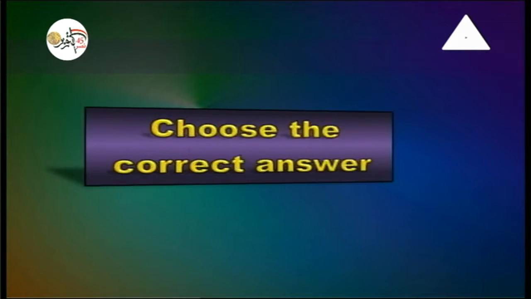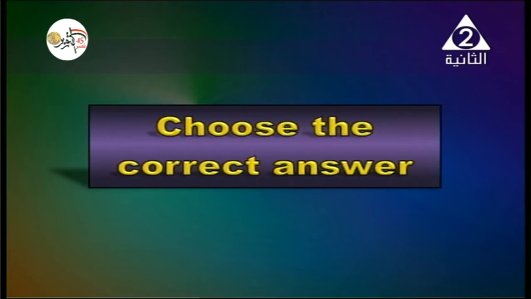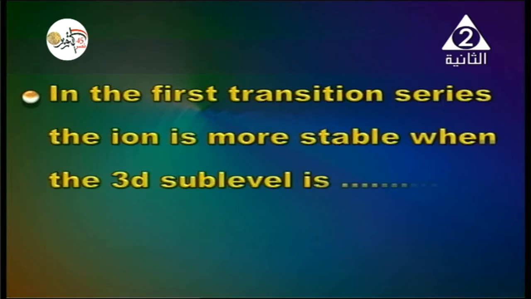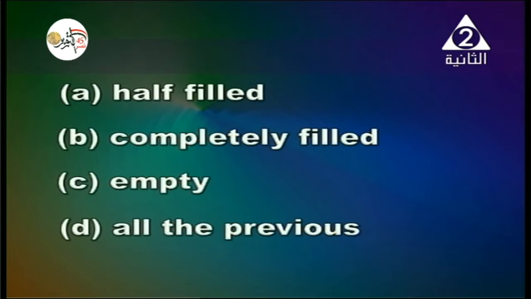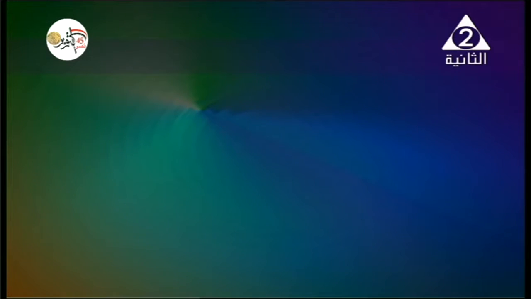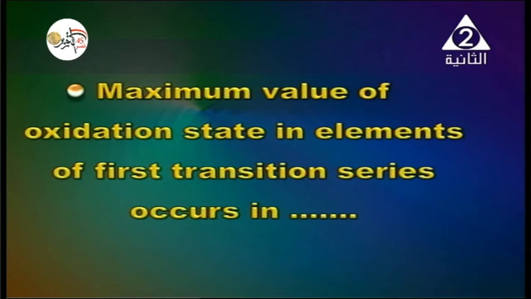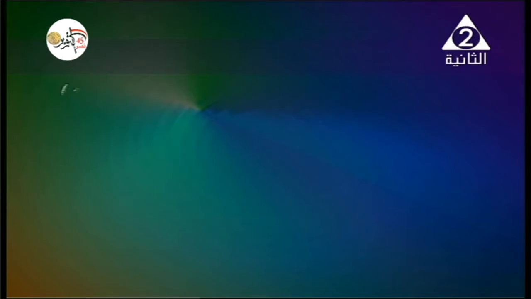Next type of question, choose the correct answer. In the first transition series, the ion which is more stable when the 3d sublevel is half filled, completely filled, empty, or all the previous? If you think about the answer, you will find it is all the previous. Next point. The maximum value of oxidation state in elements of the first transition series occurs in what?